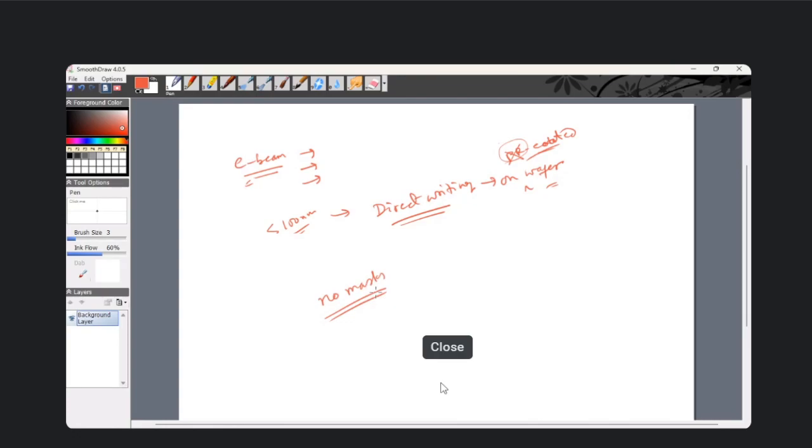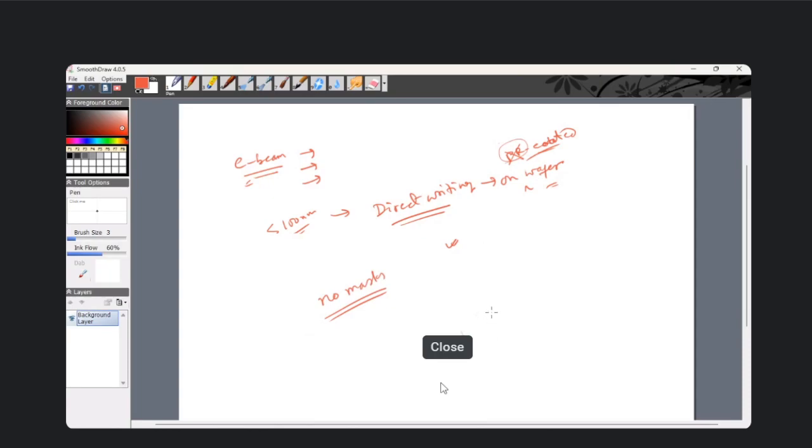because there is no material through which the electron beam can pass without being absorbed. In other words, no material is as such transparent to the electron beam. So there is no need of any mask; the mask is basically redundant. By using computer and CAD systems, with everything robot controlled nowadays, you can directly write on the wafer itself.